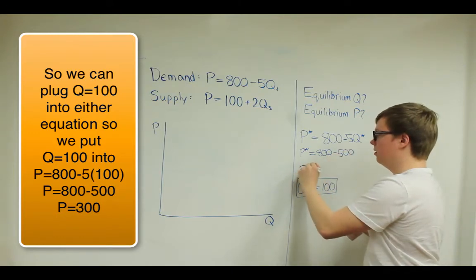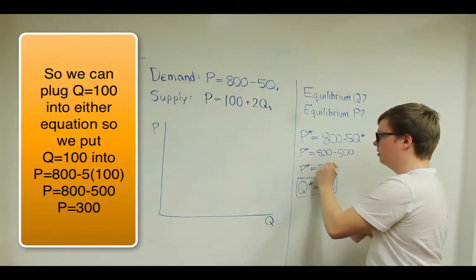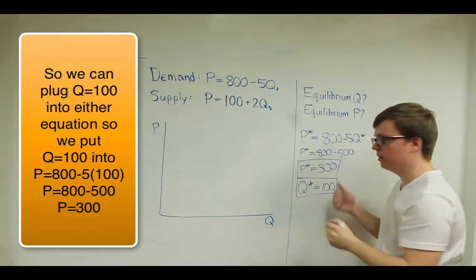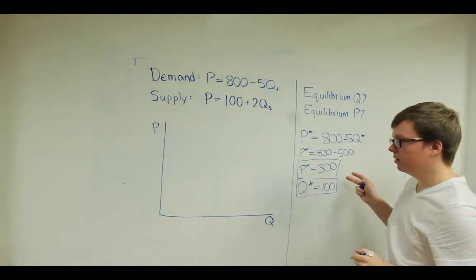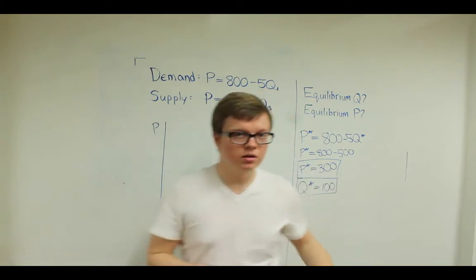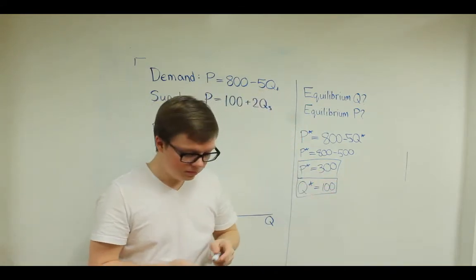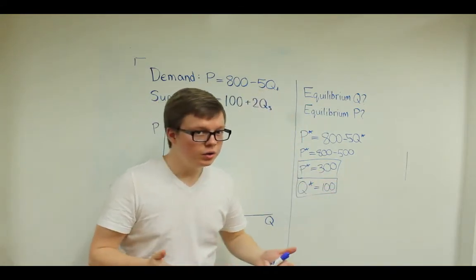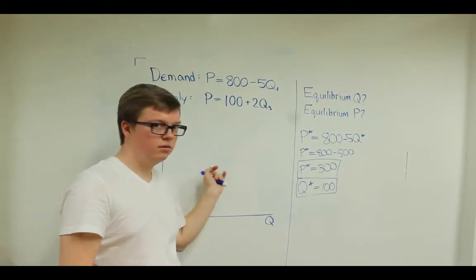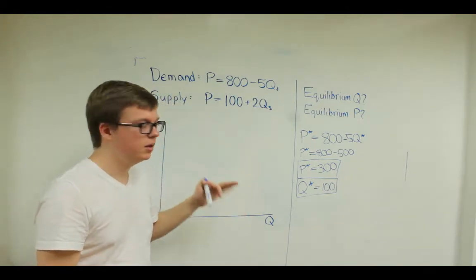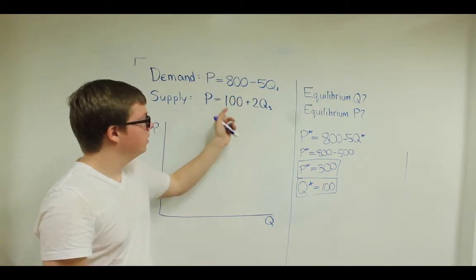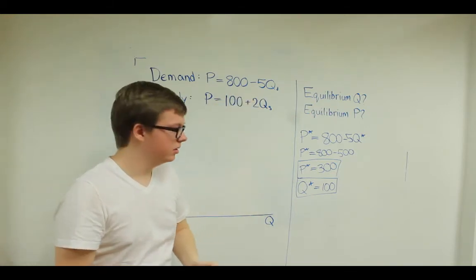And P star is then 300. So those are our equilibrium values for price and quantity. Now you could just plot that on the graph, but it'd just be a point. So it's helpful if we draw out the supply and demand graphs first.